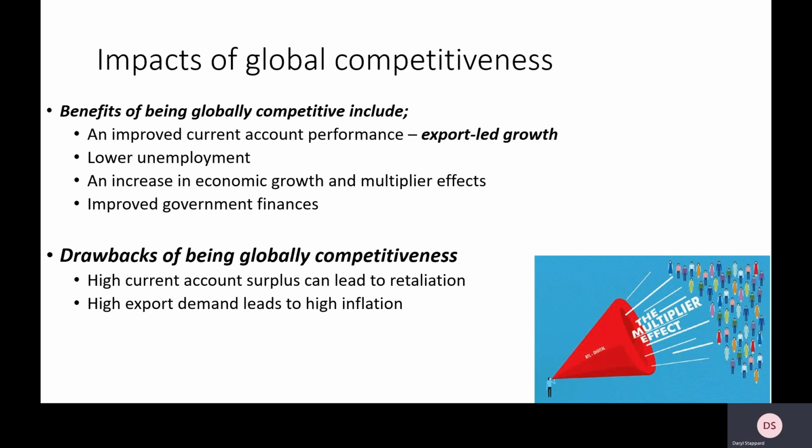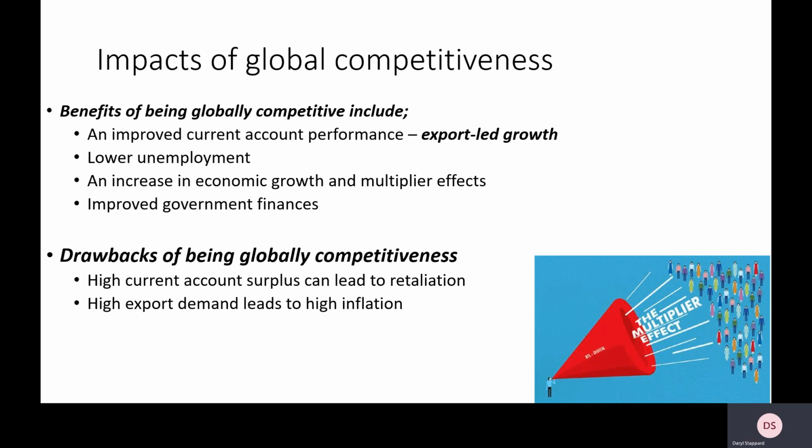So you're almost becoming very reliant on foreign demand for your goods and services. If they suddenly decide to block them, then it could have a big detrimental impact on economic growth and unemployment in your economy. But also as well, if you've got export-led growth, that high growth in aggregate demand over time, it could lead to lots of demand pull inflation in your economy. And that could eventually take away your international competitiveness.